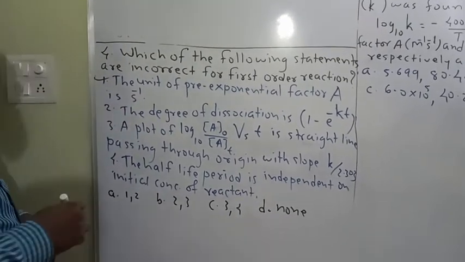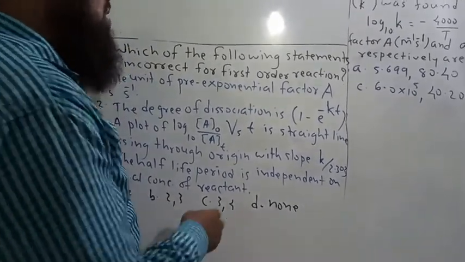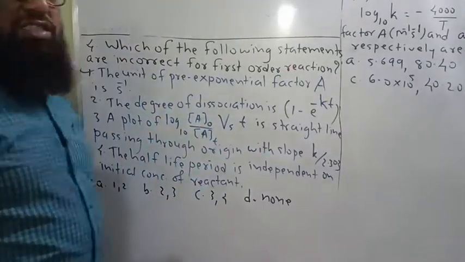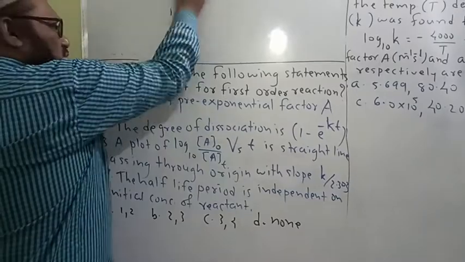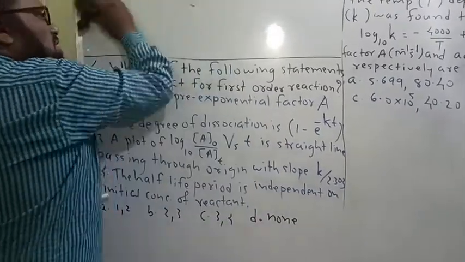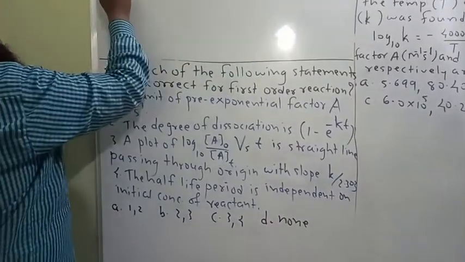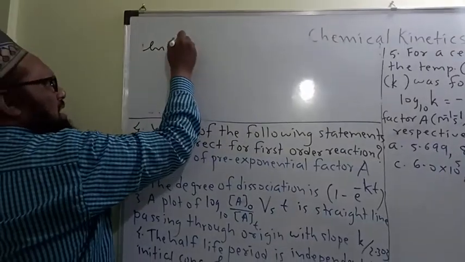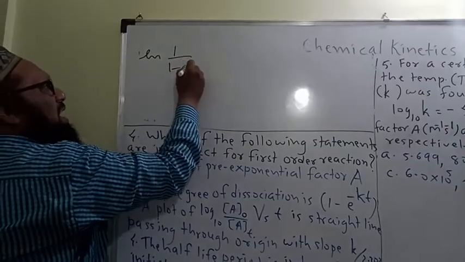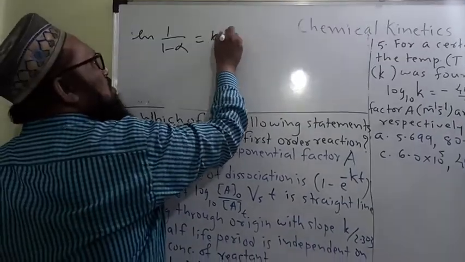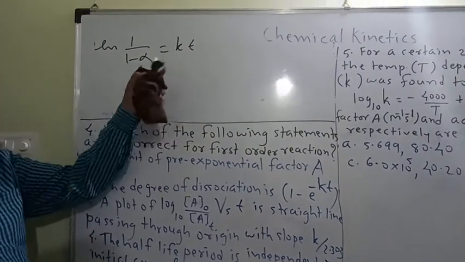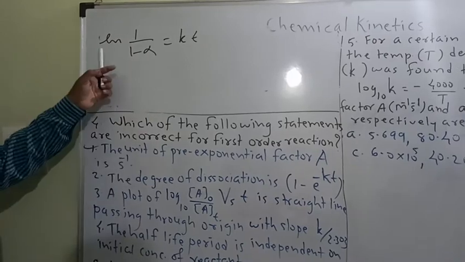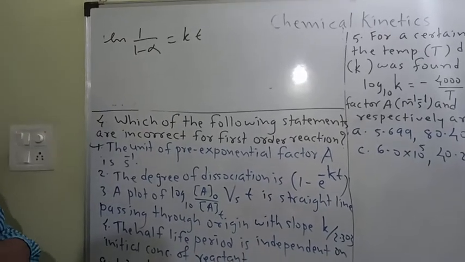Statement second, the degree of dissociation is 1 minus e raised to minus kt. Let us see. This is for first order. For a first order reaction, ln 1 upon 1 minus alpha is equal to kt. This is the relationship between rate constant and degree of dissociation for a first order reaction.